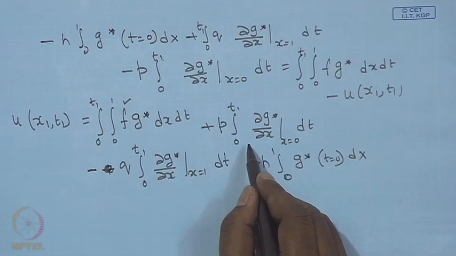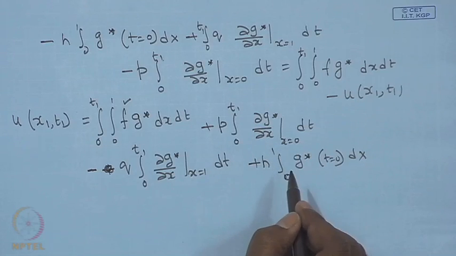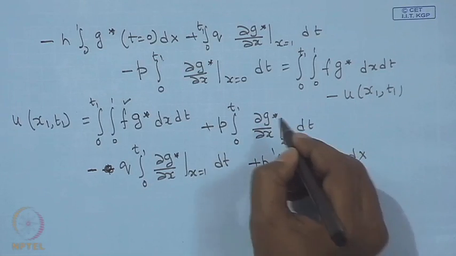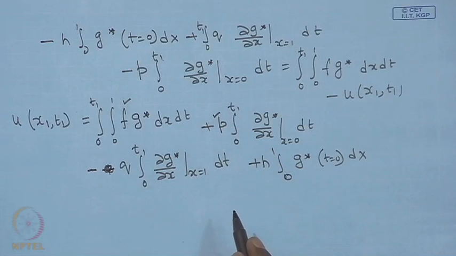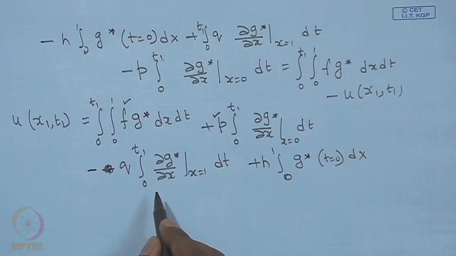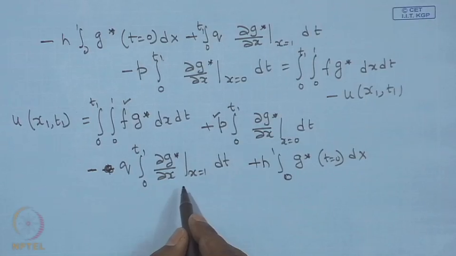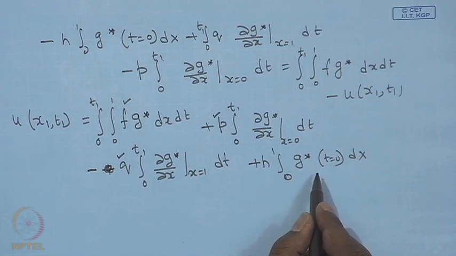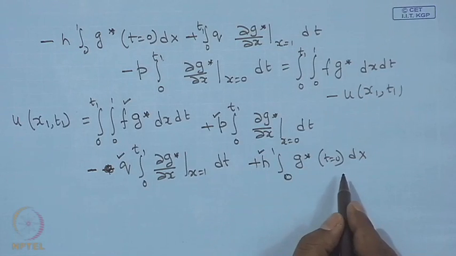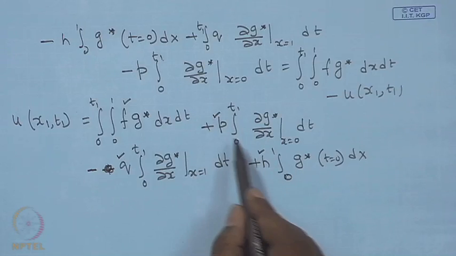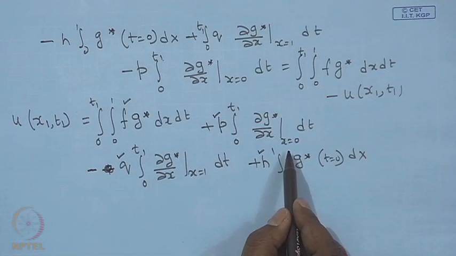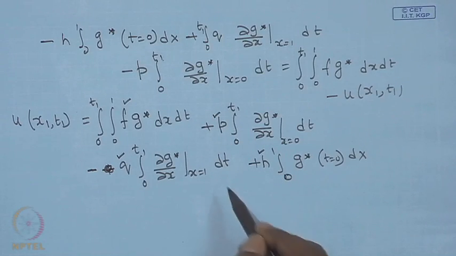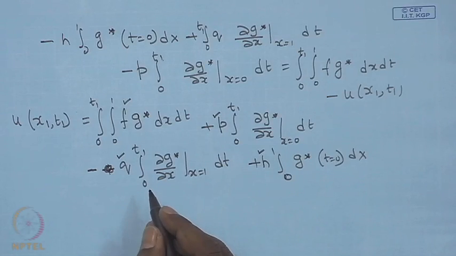This integral over x corresponds to the non-homogeneity in the initial condition of the original problem, and this term corresponds to the non-homogeneity occurring in the boundary condition of the original problem, at the boundary x is equal to 1, and this term corresponds to the non-homogeneous term present in the boundary condition of the original problem at the boundary x is equal to 0.